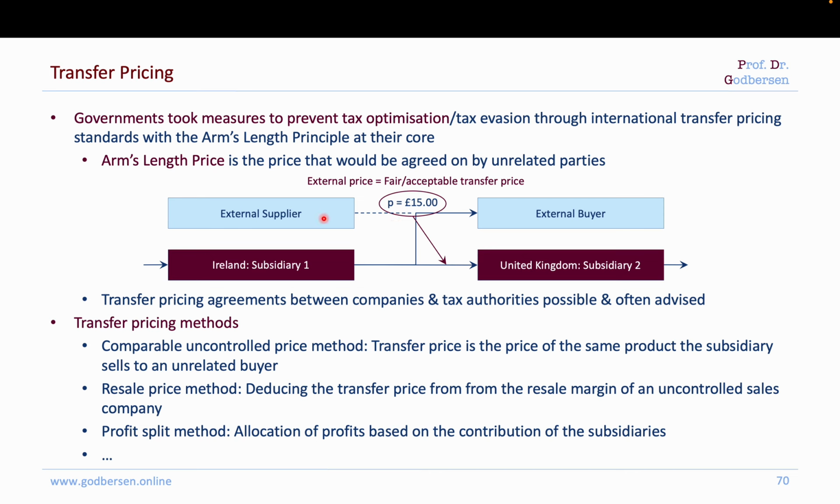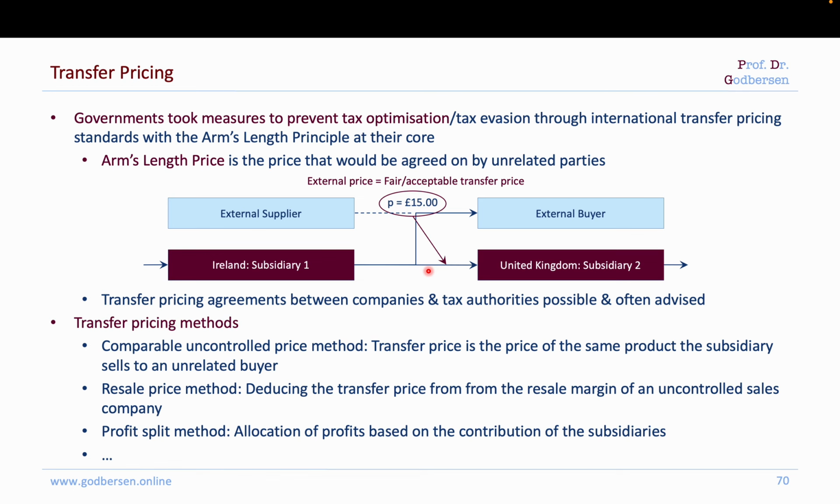So if an external supplier, or if we with our Irish subsidiary would sell to an external buyer at a price of £15, then between the Irish and the British subsidiary, the sister companies, there should be the price of £15 and nothing else.